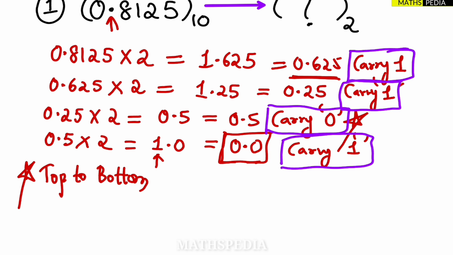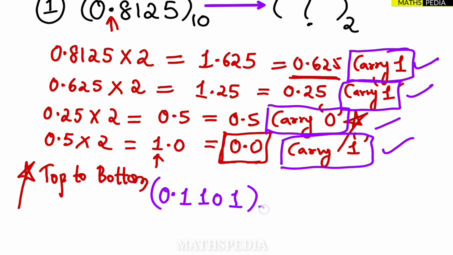But remember, while writing the answer, always put 0 point first, then write top to bottom: 1, 1, 0, 1. After writing 0 point, then only you can write these numbers. Then put base as 2. This is how we have to do the fraction part.